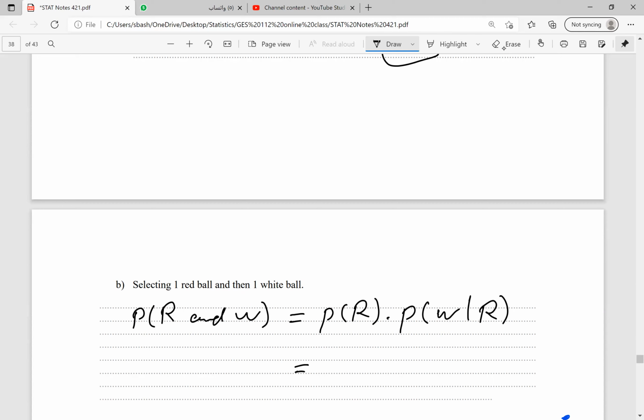We have 3 red balls divided by 10. The total is 10. Now we removed 1 ball, so inside the bag we will have 9 balls.